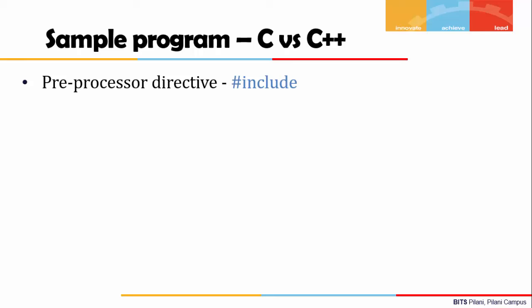This preprocessor directive #include tells the compiler to insert another file into your source file. In effect, the #include directive is replaced by the contents of the file indicated.